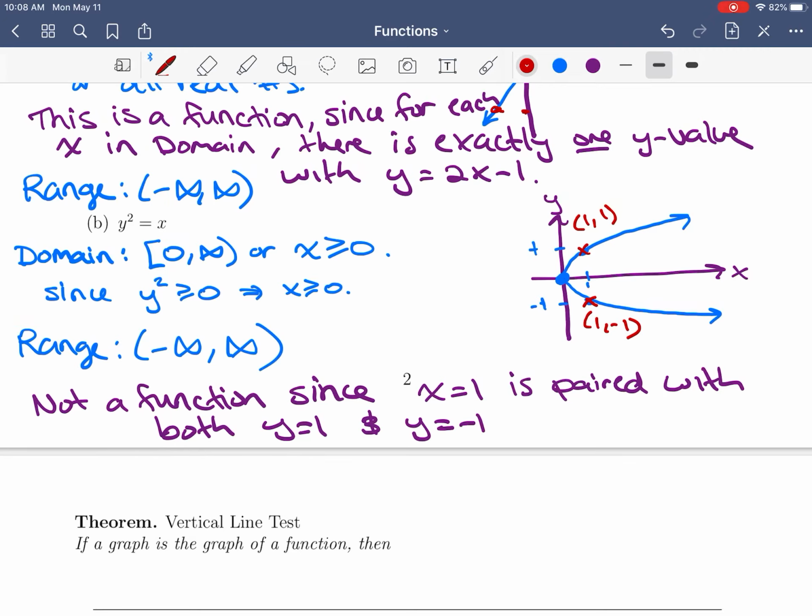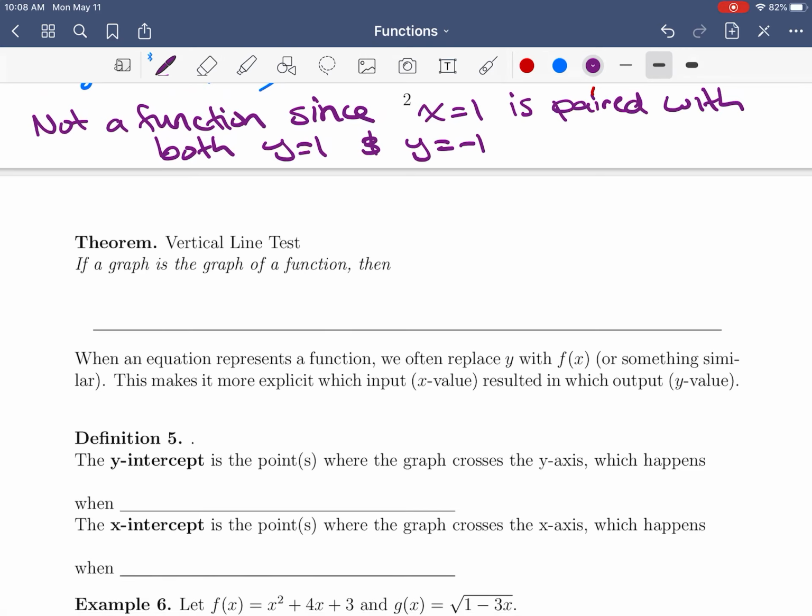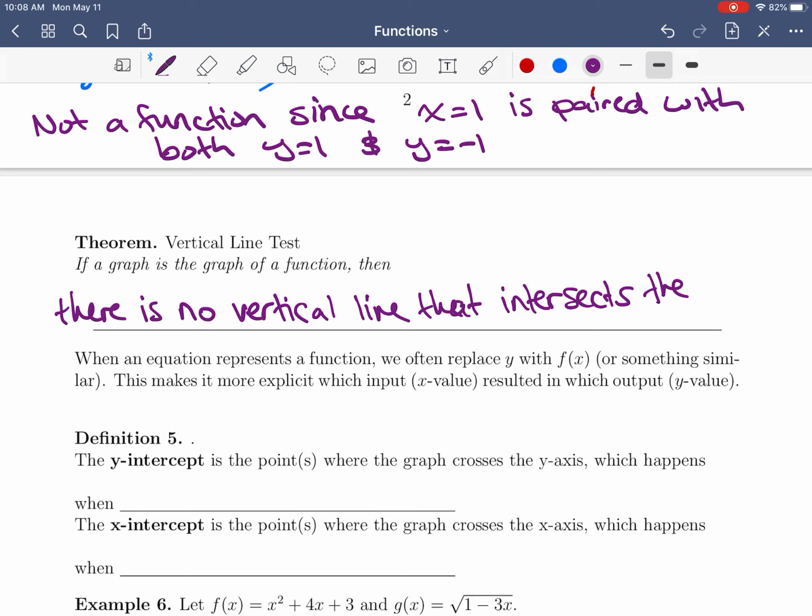So when this happens, you actually are going to have a vertical line that hits more than one time. Okay, this is the idea behind the vertical line test. So if a graph is the graph of a function, then there is no vertical line that intersects the graph in more than one place.